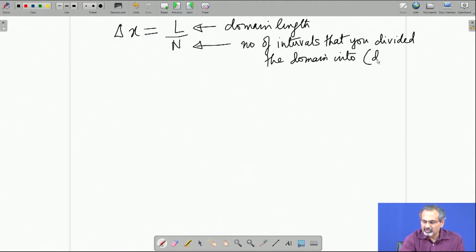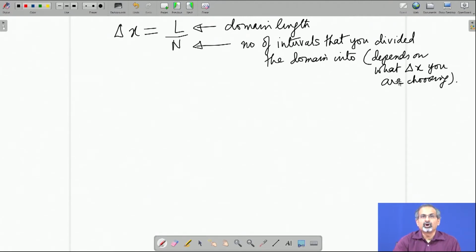That of course depends on what delta x you are choosing. That means, the smaller the delta x, the larger would be n, and vice versa.